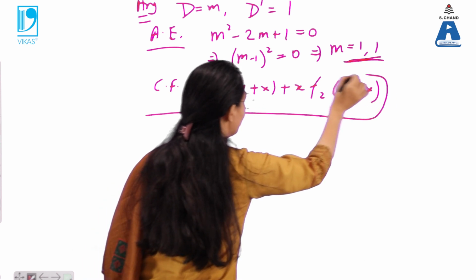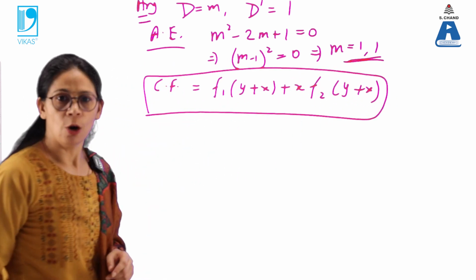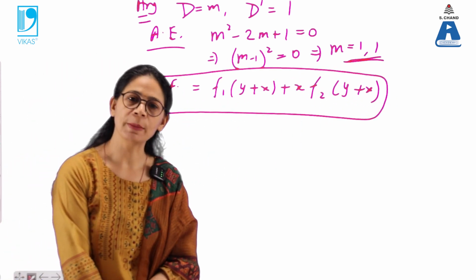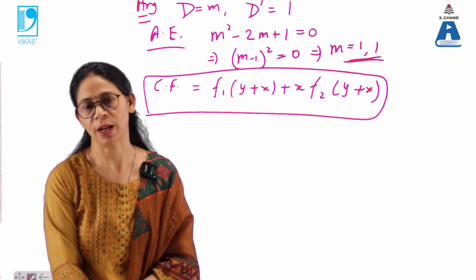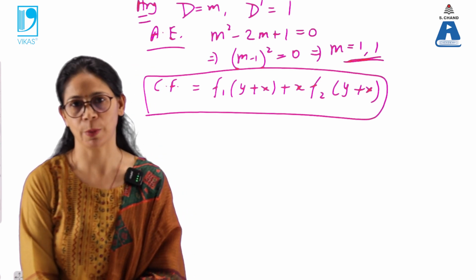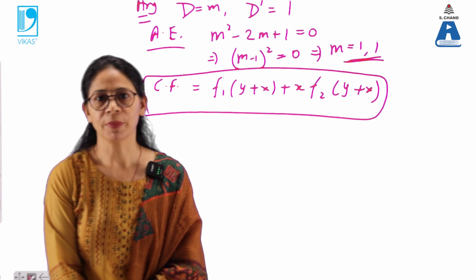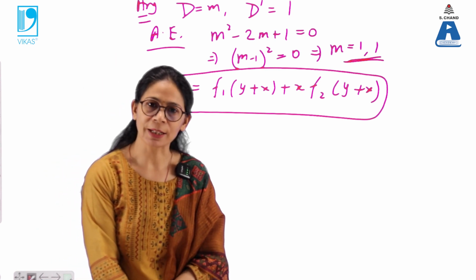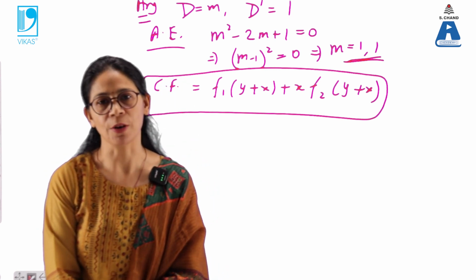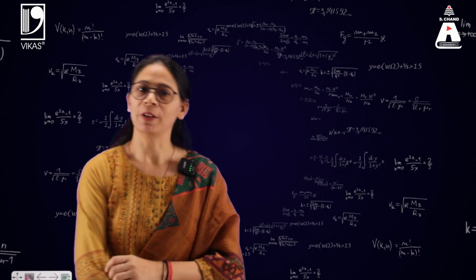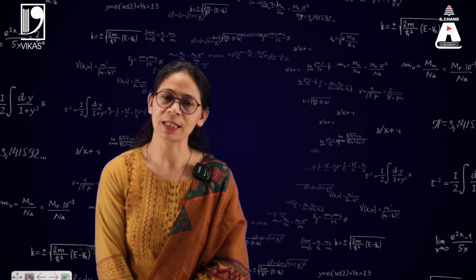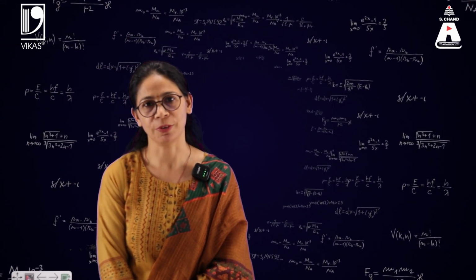And since the given differential equation is homogeneous, the complementary function will be the general solution for such a differential equation. So that is how the complementary function will be written for this type of second order partial differential equation. We will take a short break here and we will discuss the particular integral in the second part of the video.